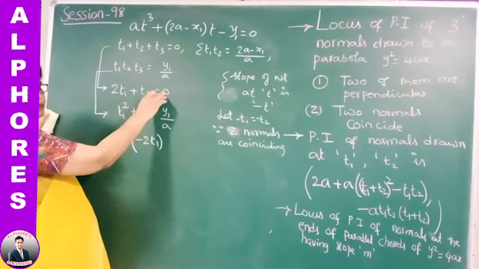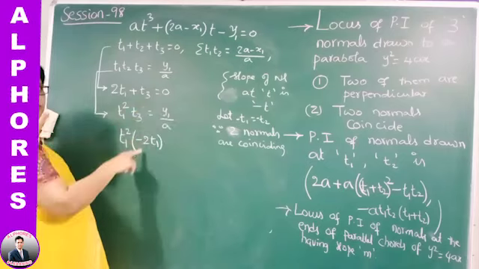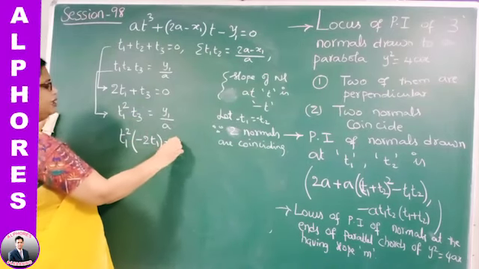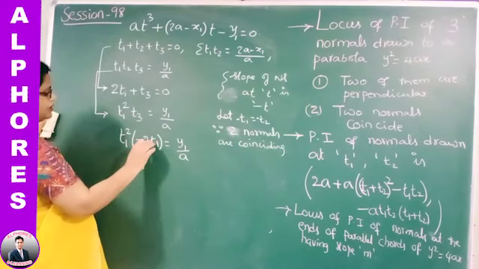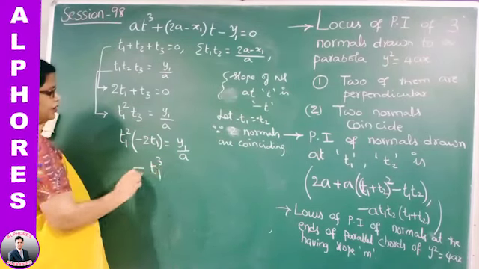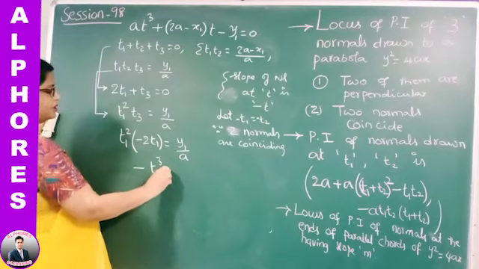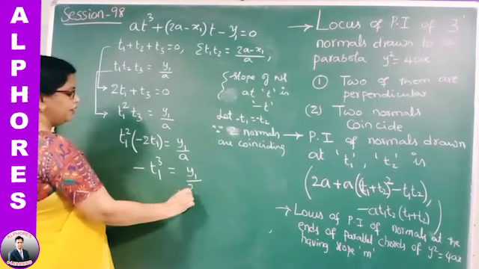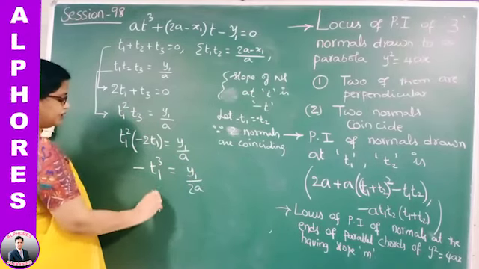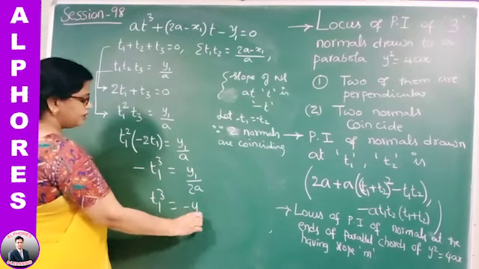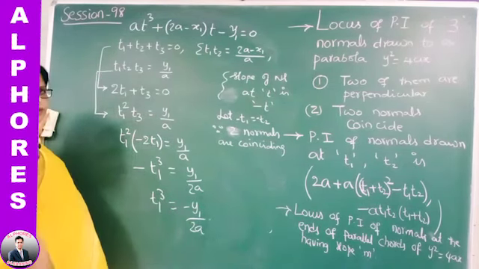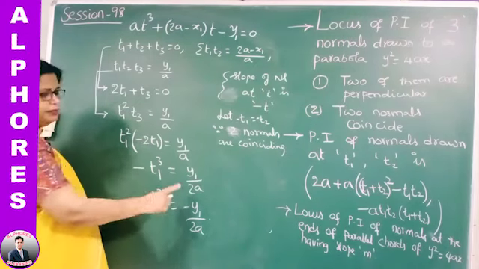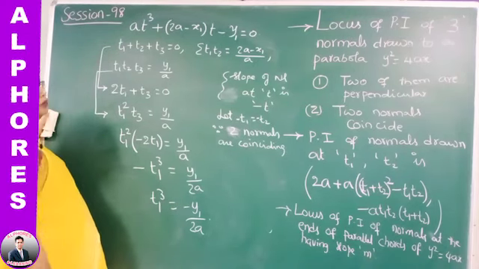From this we are writing T3 as minus 2T1, and this is equal to Y1 divided by A. That implies minus T1 cube, and into 2 also there. So this is Y1 divided by 2A, or we can say T1 cube is nothing but minus Y1 divided by 2A. So in this way, students, we got T1 cube is minus Y1 divided by 2A.